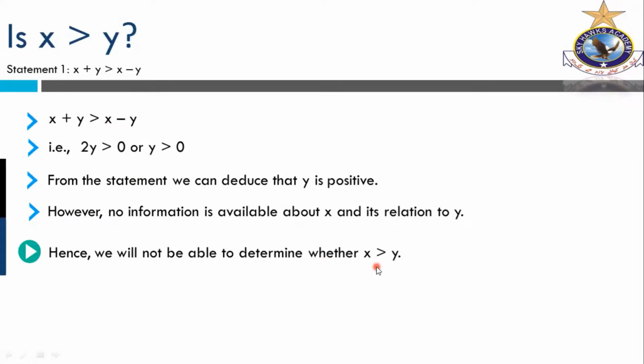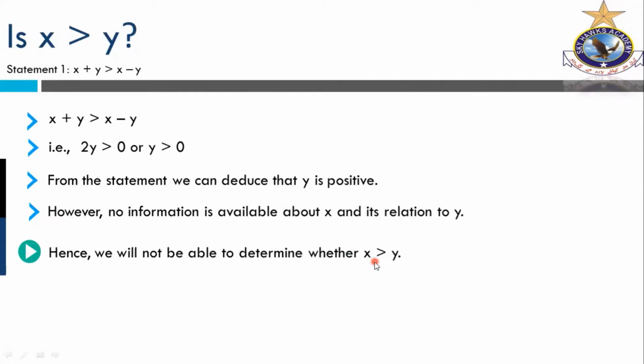So this is the underlying statement. We are sure that y must be positive, and we don't know about x, which might be negative, fractional, odd, prime, whatsoever the number is.